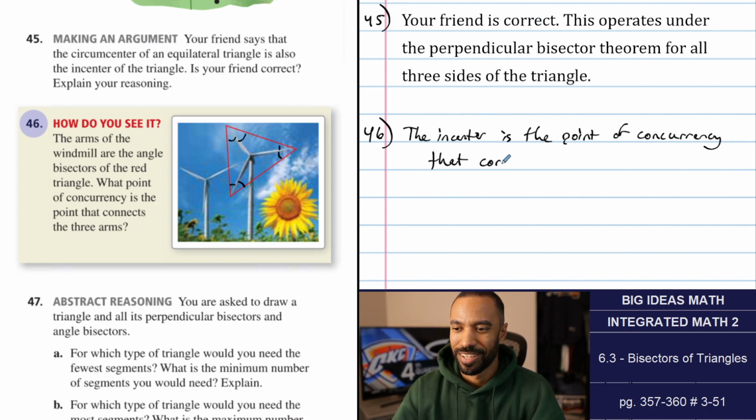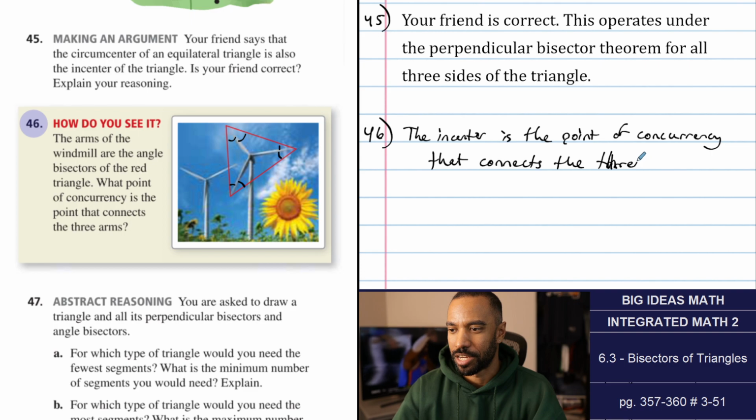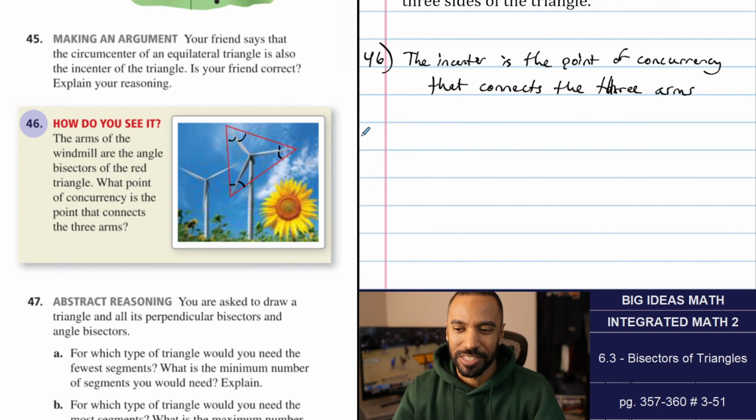I should have typed this. But the incenter. Okay. Oh my gosh. I should have typed this. Even if I have a typo typing, which I have a lot, that would have been a lot faster.